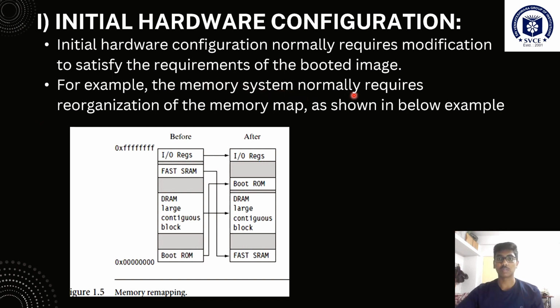For example, the memory system normally requires reorganization of the memory map, as shown in the example below. This figure shows memory before and after reorganization. It is common for ARM-based embedded systems to provide memory remapping because it allows the system to start the initialization code from ROM at power up.